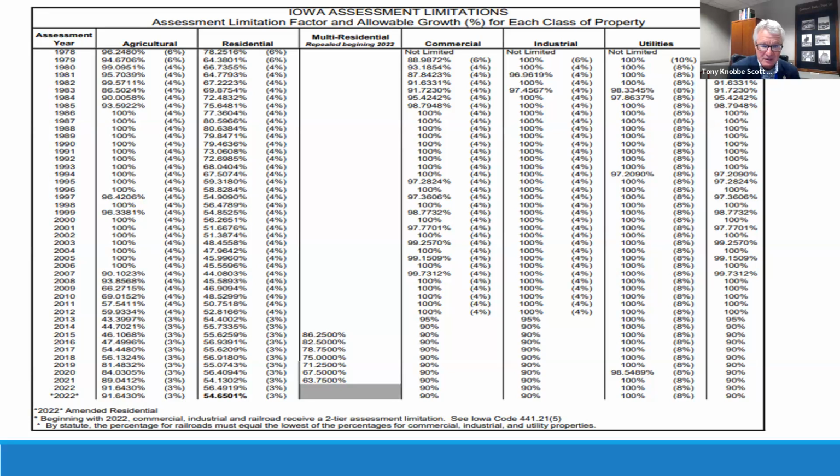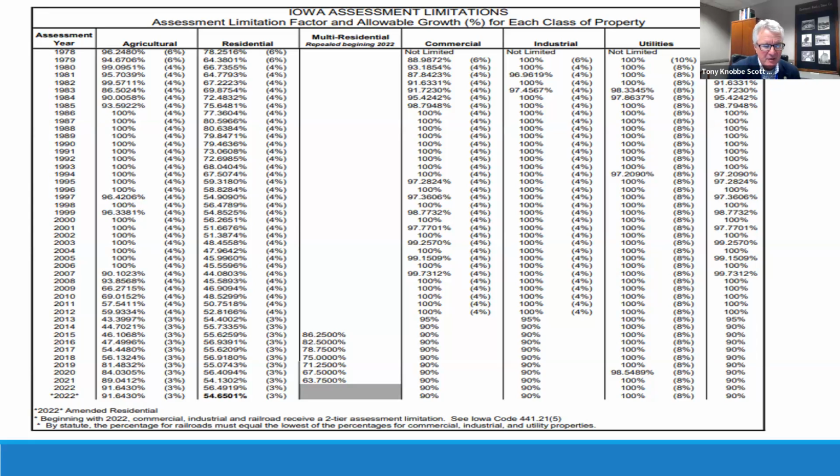There's a multi-residential column that appeared in 2015, and the legislature said, you know what, we're going to gradually ratchet that down to equal the residential number, and that's why it disappeared in the last 2 years. It's now the same rollback as residential numbers.